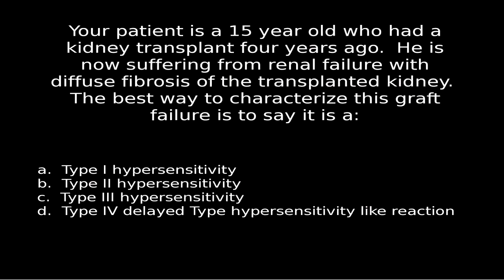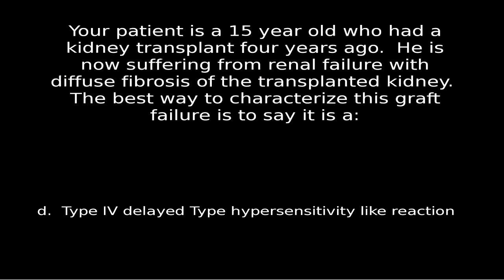We don't say anything about antigen antibody, and so the answer is going to be type 4 delayed type hypersensitivity reaction. You typically will get fibrosis with this type 4 hypersensitivity, just as you do with granuloma formations. You will get some fibrosis with that as well.